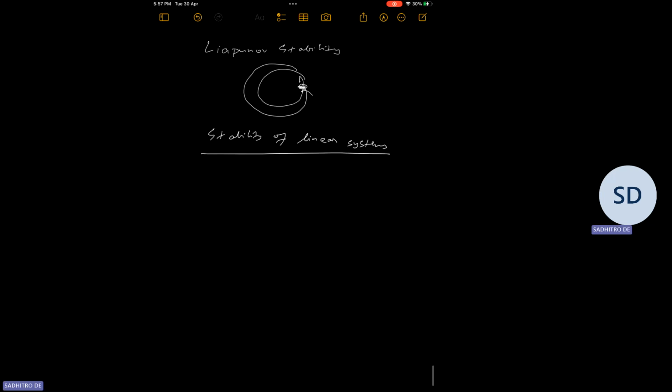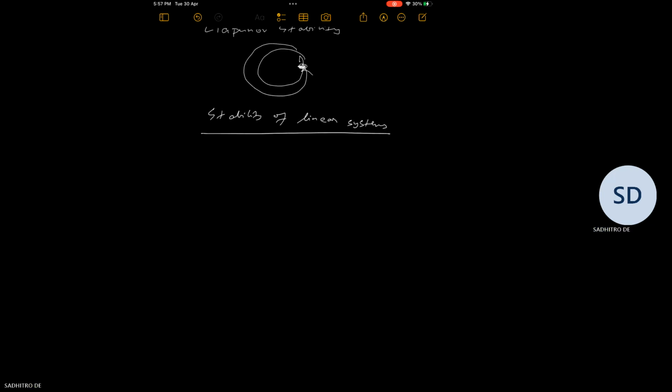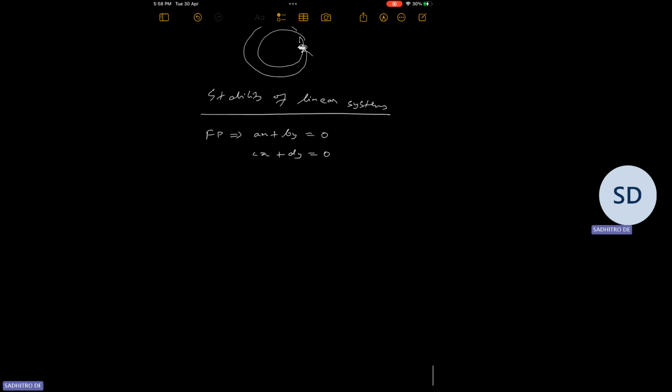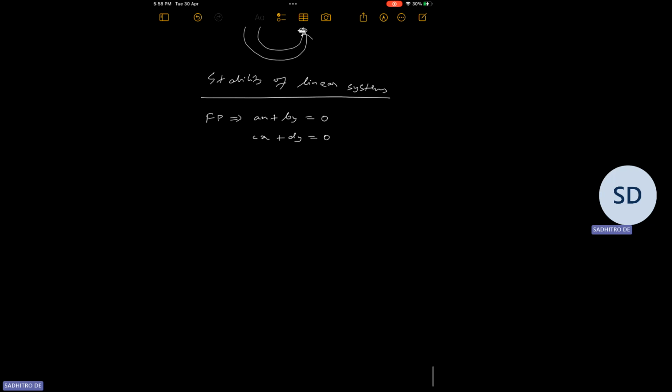Why? Because for any general linear system, the fixed point is given by this equation, right? So if you try to see the first equation, it becomes x by b.